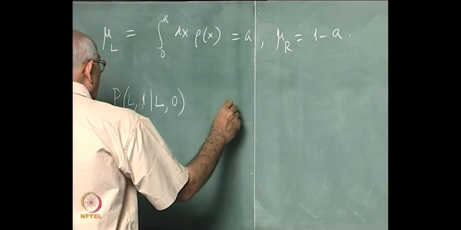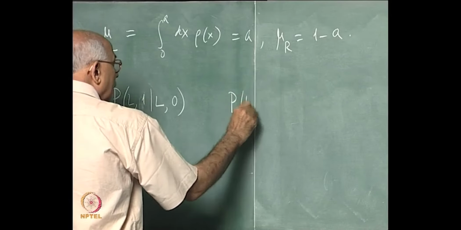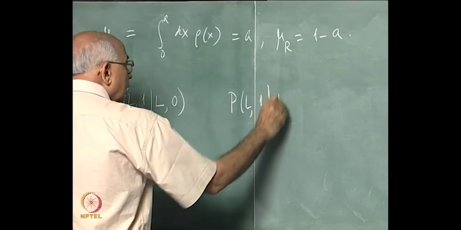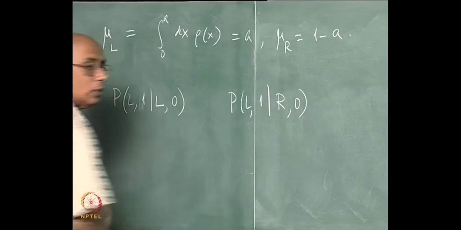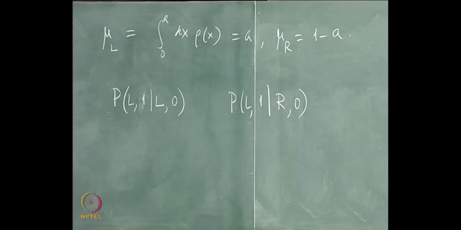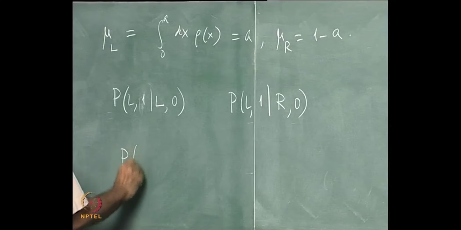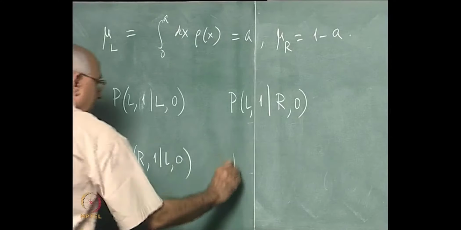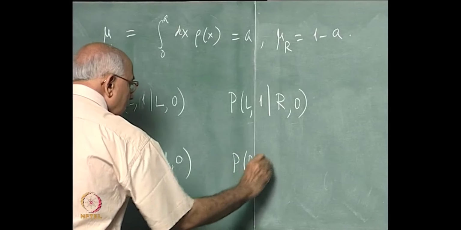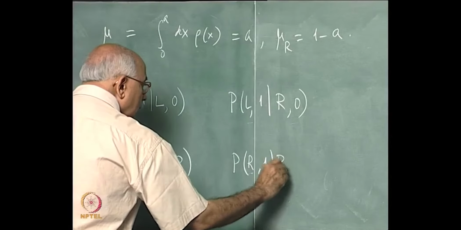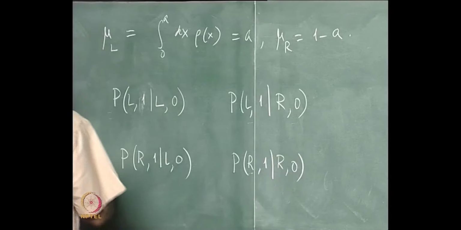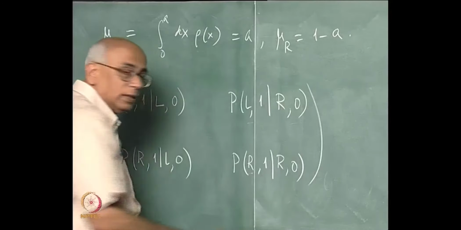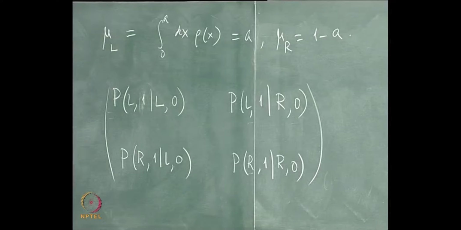Similarly, I need to calculate PL1 given that I start at R on the right hand side, or PR1 given that I start at L0 and PR1 given that I start at R0. I need to calculate these probabilities and then I am going to put that in the form of a matrix, call that my transition matrix at each step.